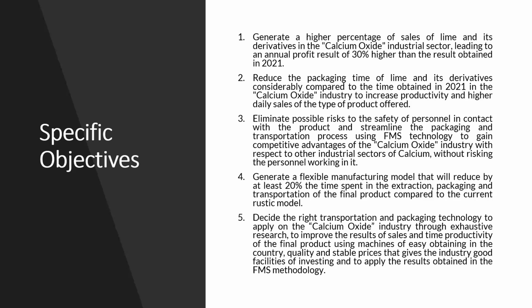We also want to generate a flexible manufacturing model that will reduce by at least 20% the time spent in the extraction, packaging, and transportation of the final product compared to the rustic model they already have. And also, we want to eliminate possible risks to the safety of the personnel.